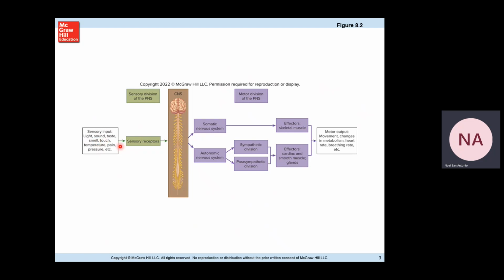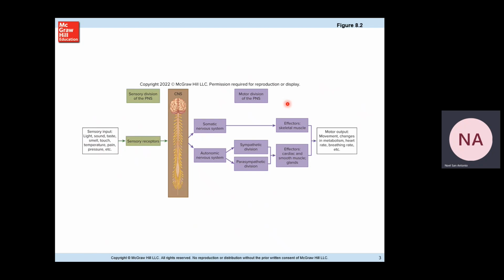So as you can see, the main function of the sensory division is to provide sensory input to the nervous system, the central nervous system, particularly through its sensory receptors.